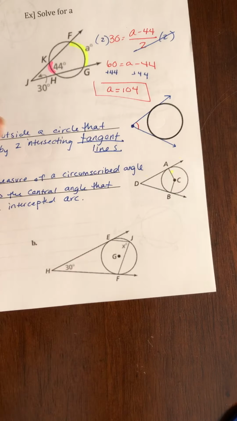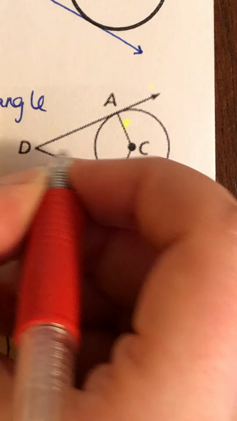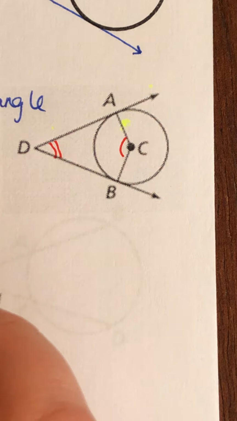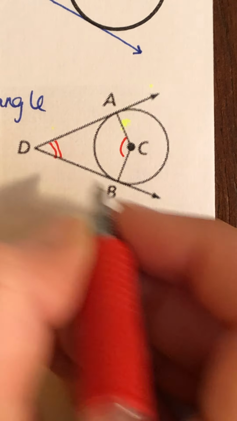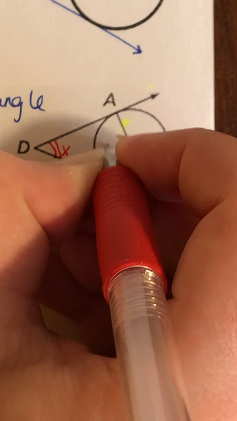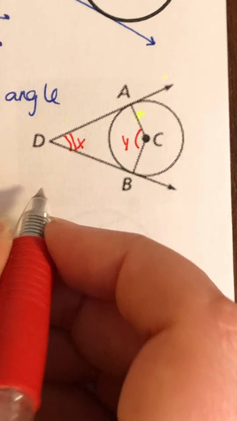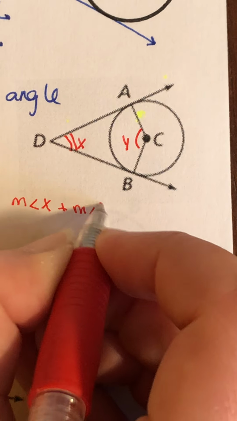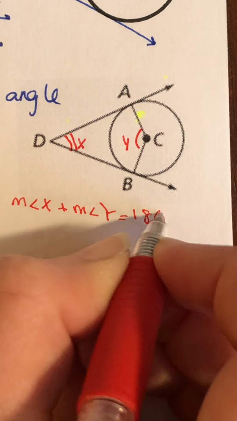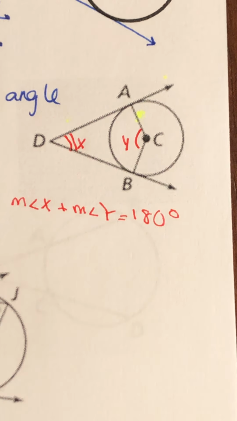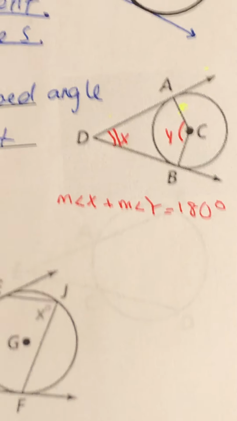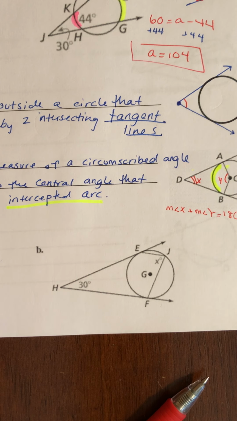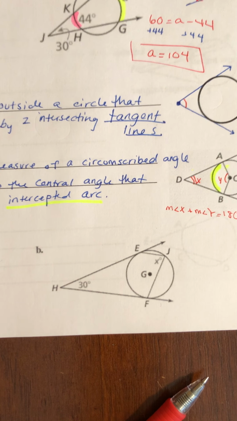So I have this circumscribed angle, and this is the central angle. So if these were supplementary, let's say this was x and that was y, the measure of angle x plus the measure of angle y is going to give me 180. And that intercepted arc I was talking about is right there, the intercepted arc between the two.